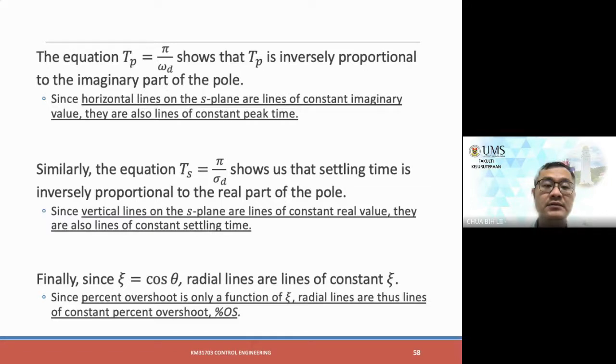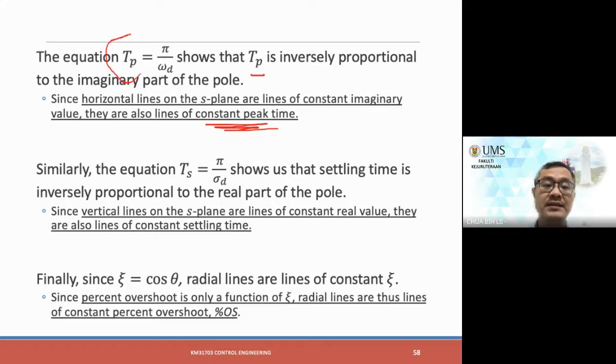And these equations also show that the peak time is inversely proportional to the imaginary part. Since the horizontal lines of the S plane are lines of constant imaginary part, they are also lines of constant peak time, meaning that particular imaginary line itself also represents the constant peak time.